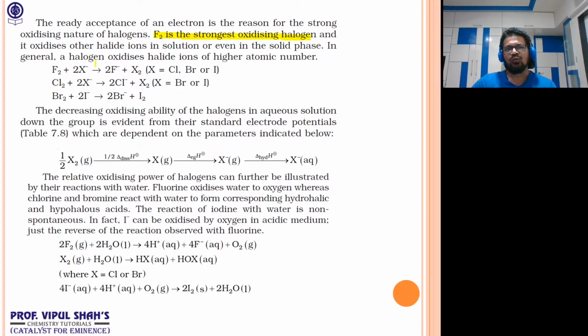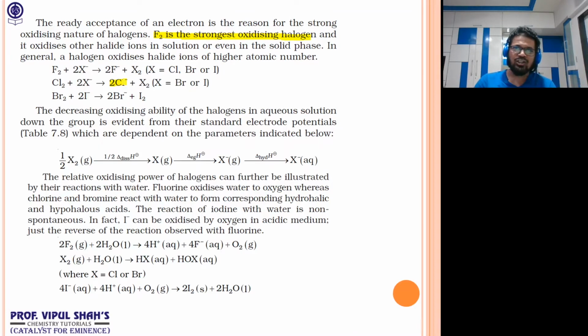If I have these two, fluorine and chlorine, which will be oxidized and which will be reduced? If anybody remembers, I explained in the redox part the diagonal rule. What was the diagonal rule? Nothing to do with diagonal relationship, people. Diagonal rule: in the reduction half, the one having lower SRP, of fluorine and chlorine, who will have lower? Chlorine. The species on the right hand side, that is this chloride, will readily get oxidized.